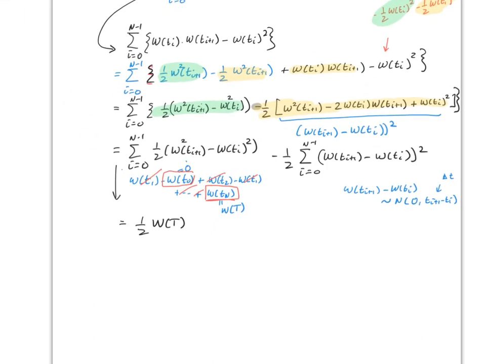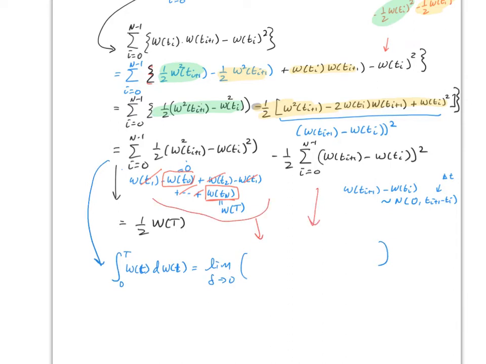Therefore, if we take the limit in the mean square sense, then from here we have the following: the Ito integral, or stochastic integral, with respect to a Wiener process, by definition, is going to be equal to the limit as delta goes to 0 of all of this, the first part and then the second part.